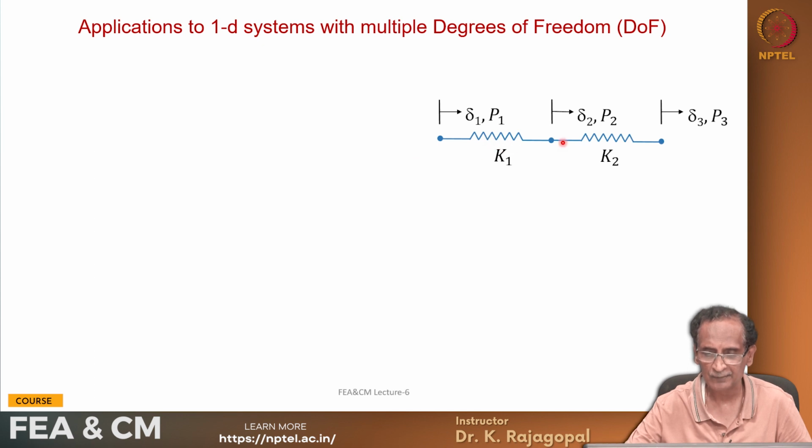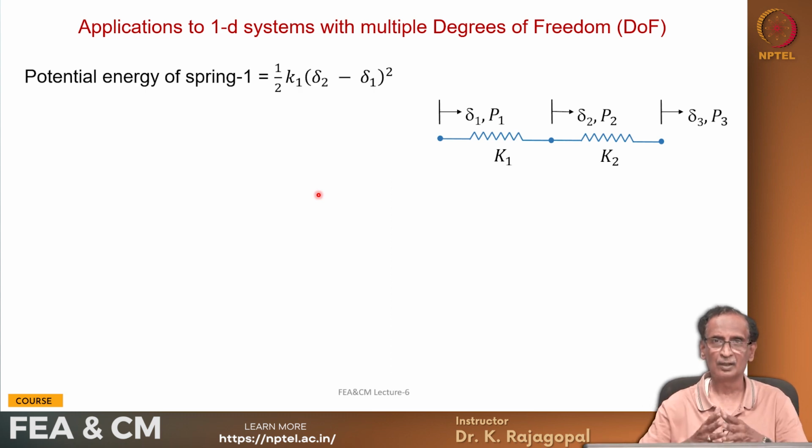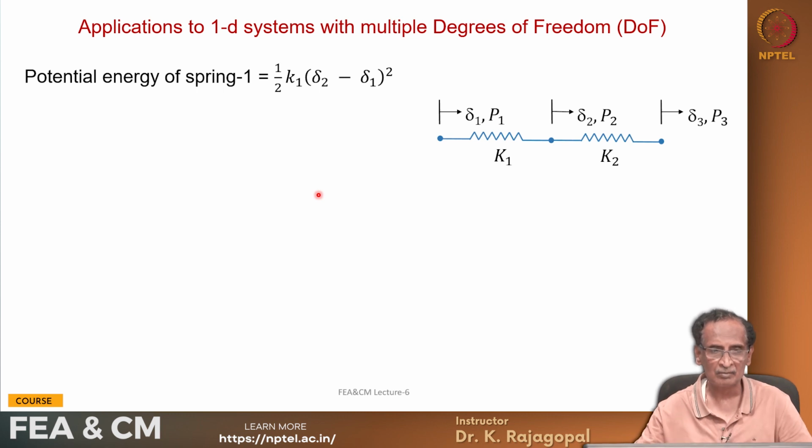Let us say we have two springs K1 and K2 and three deformations delta 1, delta 2 and delta 3 and three external loads P1, P2 and P3, and we need to first estimate the total potential of the system, internal energy of the system, that is the energy in spring K1 and energy in spring K2.